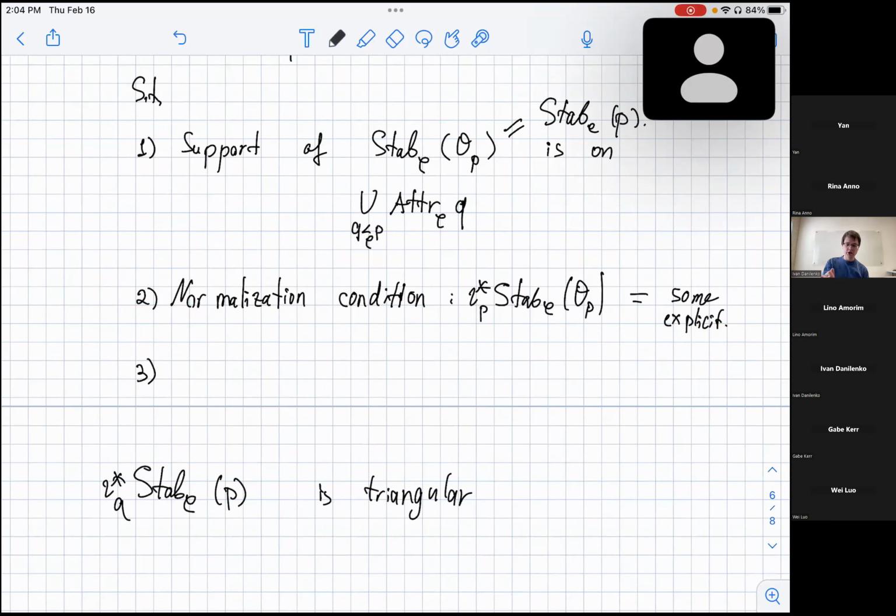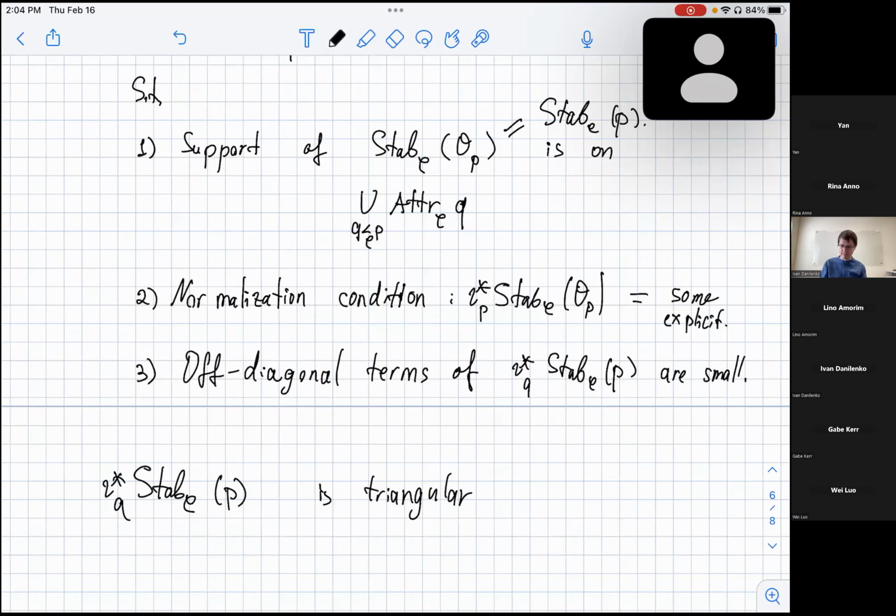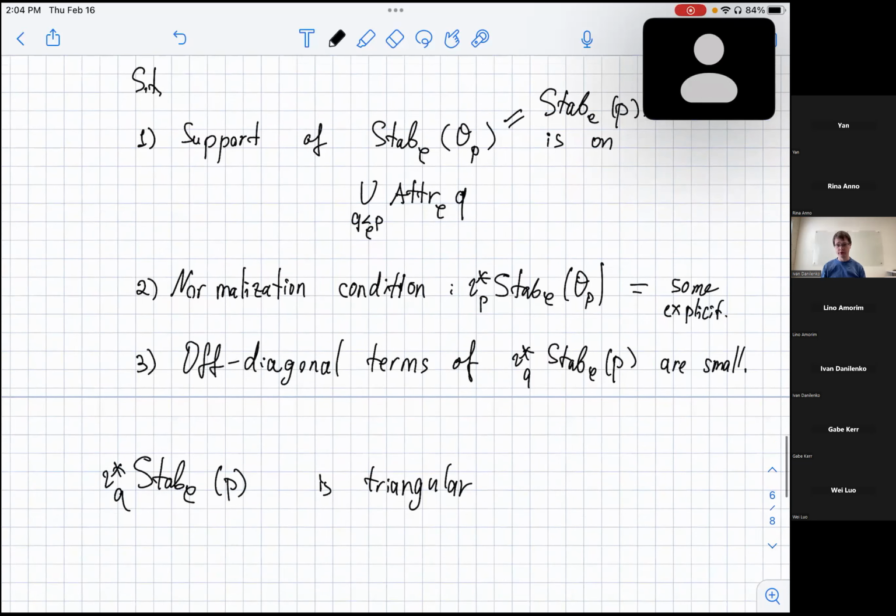And the last condition is that off-diagonal terms of the restriction matrix are small in certain sense.